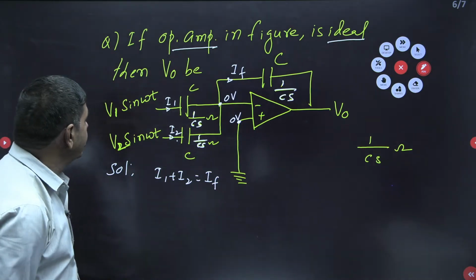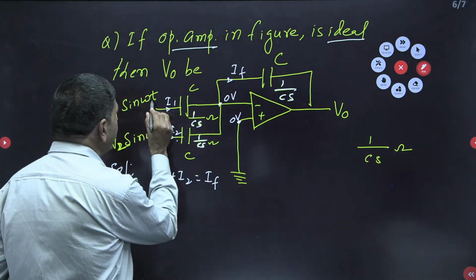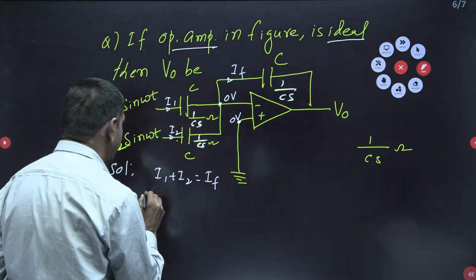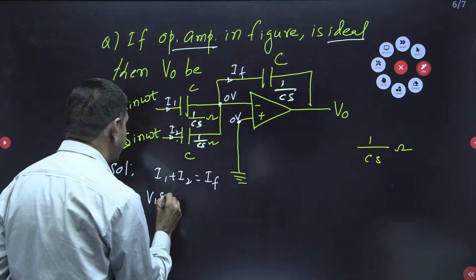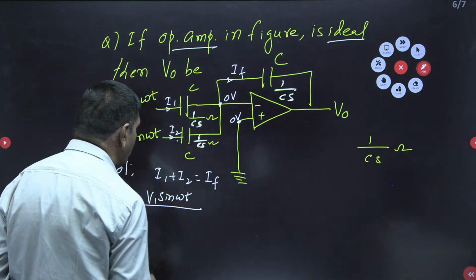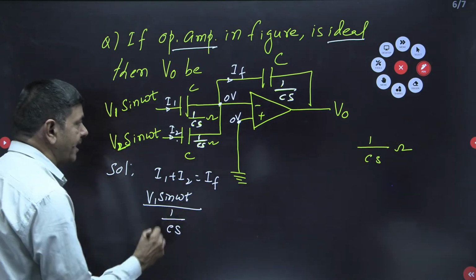What is I1? I1 is V1 sin omega t minus 0 divided by the capacitor reactance, which is 1 by Cs. That is why I converted into the S domain.